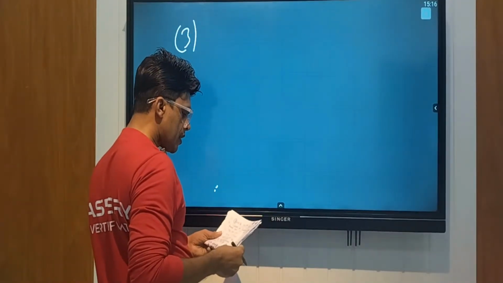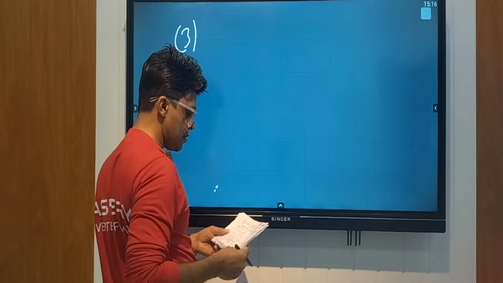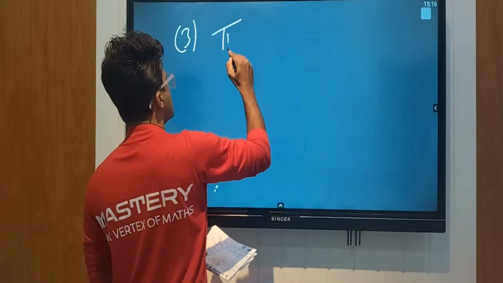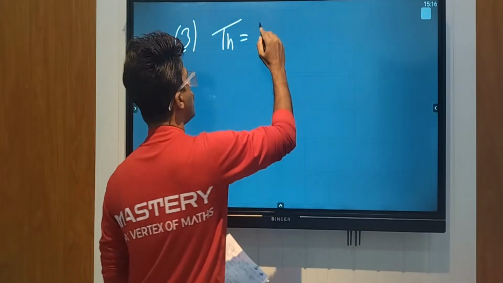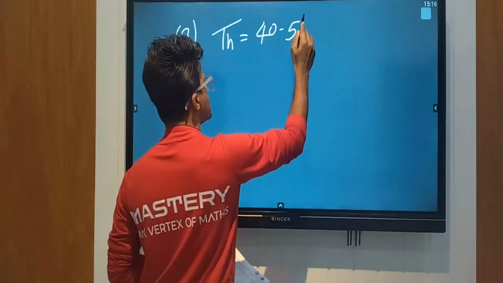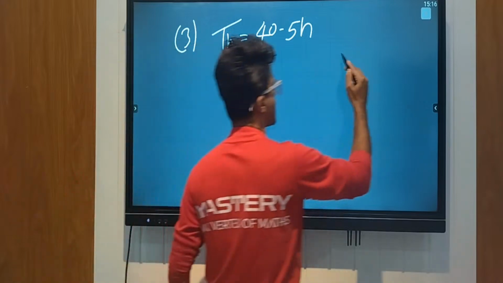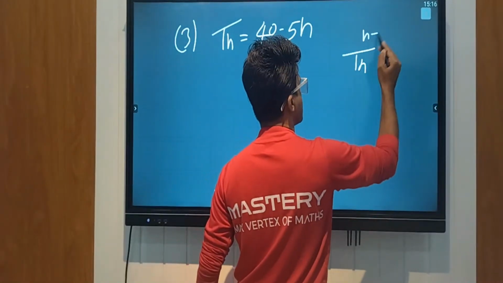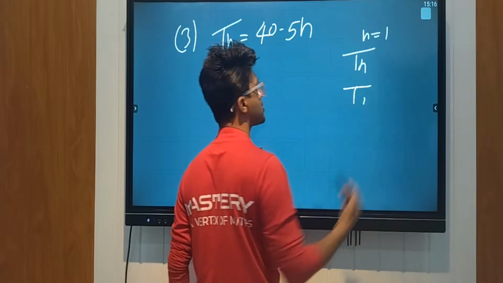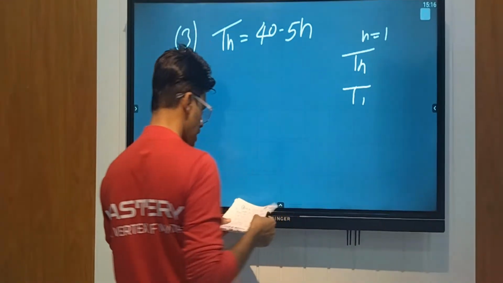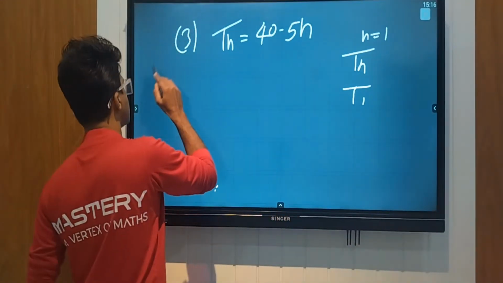Consider the number pattern with the general term Tn equals 40 minus 5n. This one is given as Tn, which means the same thing. When n equals 1, then T1 means the first term. I'll do the first one. First, find the first three terms.